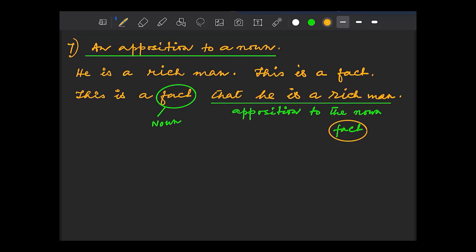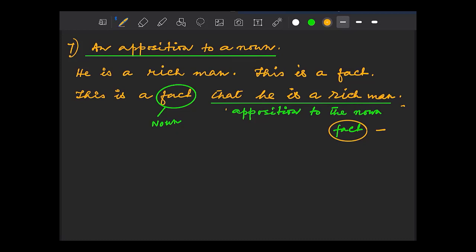What is the fact? The next part is the explanation of the noun fact. This is the fact that he is a rich man. So it is a noun clause and fact is a noun. For this it is called apposition to the noun fact. This is a fact that he is a rich man. Okay, that he is a rich man is an apposition to the noun fact.